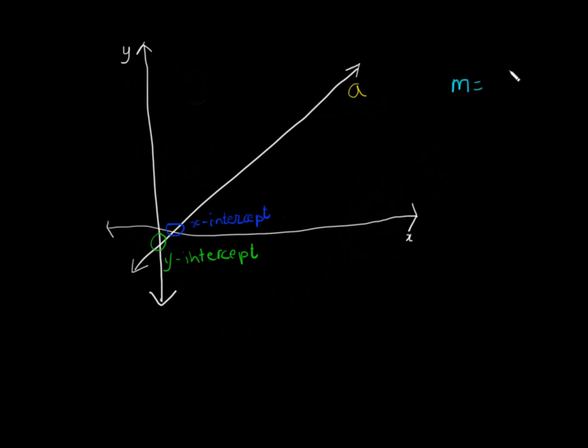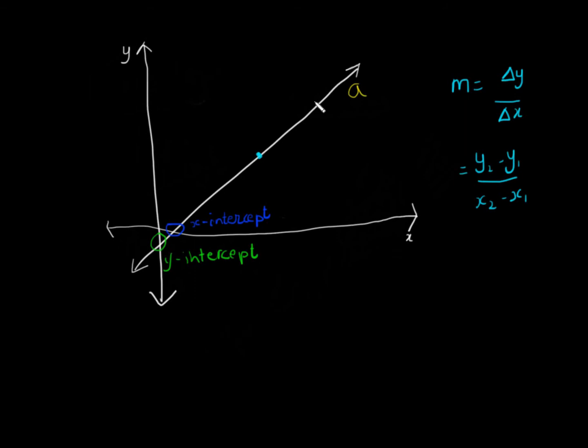So the gradient of the line is the change, which this sign is the delta. So the change in y divided by the change in x, with y being the y coordinates and x being the x coordinates. So this can be written as y2 minus y1 divided by x2 minus x1, where x2, y2, and x1, y1 are two points on the line A. I should draw that out here.